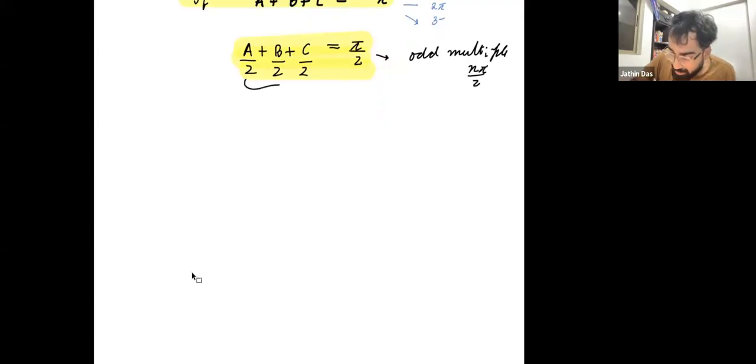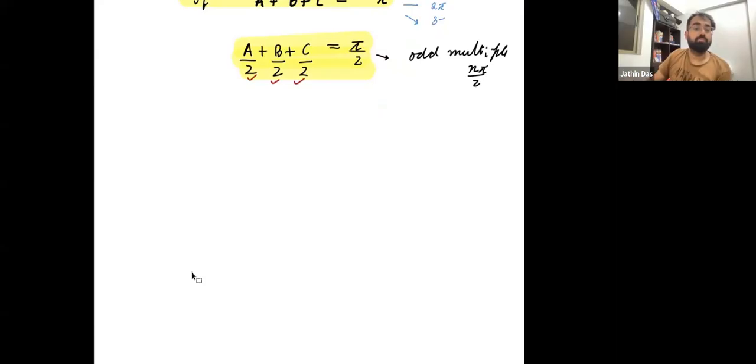Now tell me, if these three angles are an odd multiple of pi by 2. You remember their S2 is 1. But what is the angle right now? A by 2, B by 2 and C by 2.